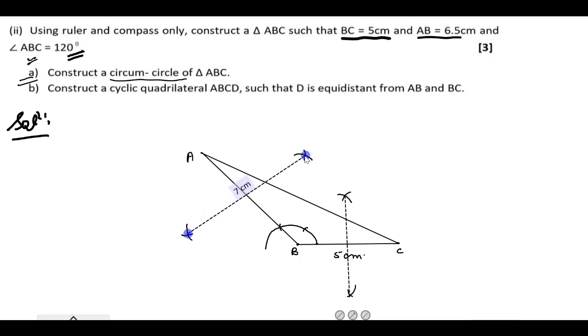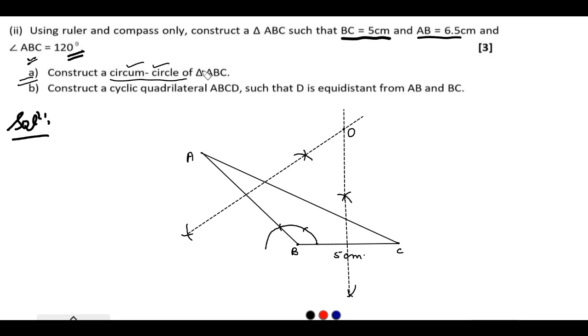Now produce these two bisectors to meet each other. The point of intersection of these two bisectors will be the circumcenter of triangle ABC, meaning O is the circumcenter.